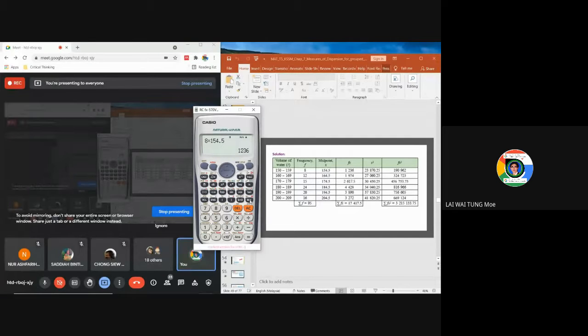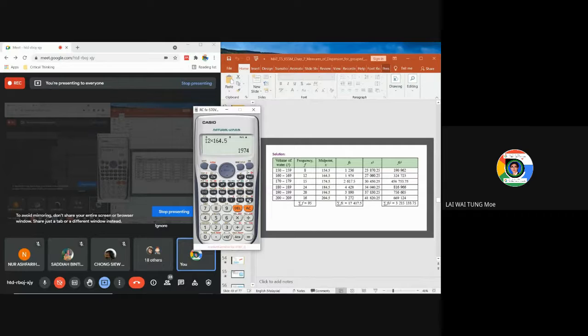Can you see the M plus here? M plus button. So you press this once, M plus, and then you can continue to the second one, which is 12 times 164.5. Enter, or equal, so you get 1974.